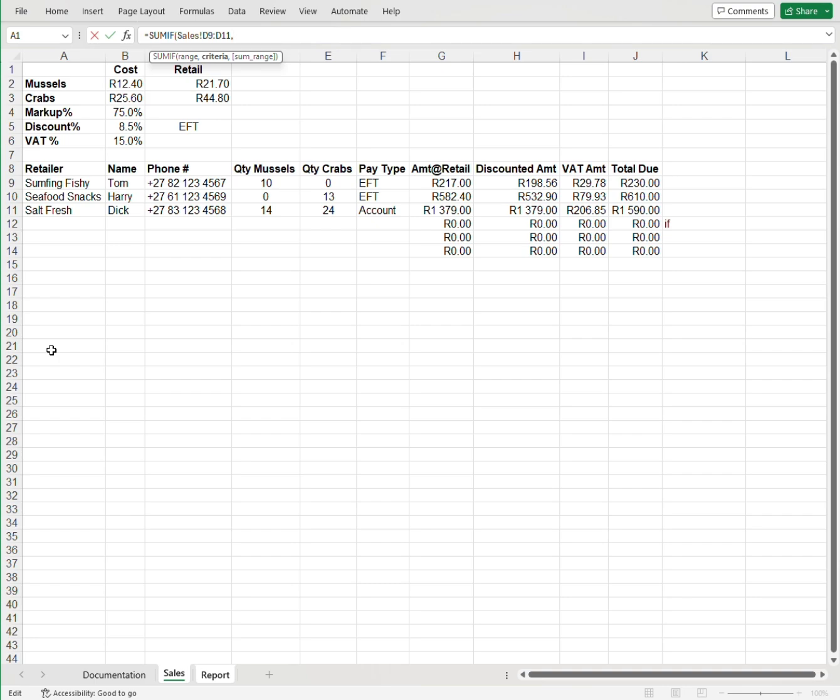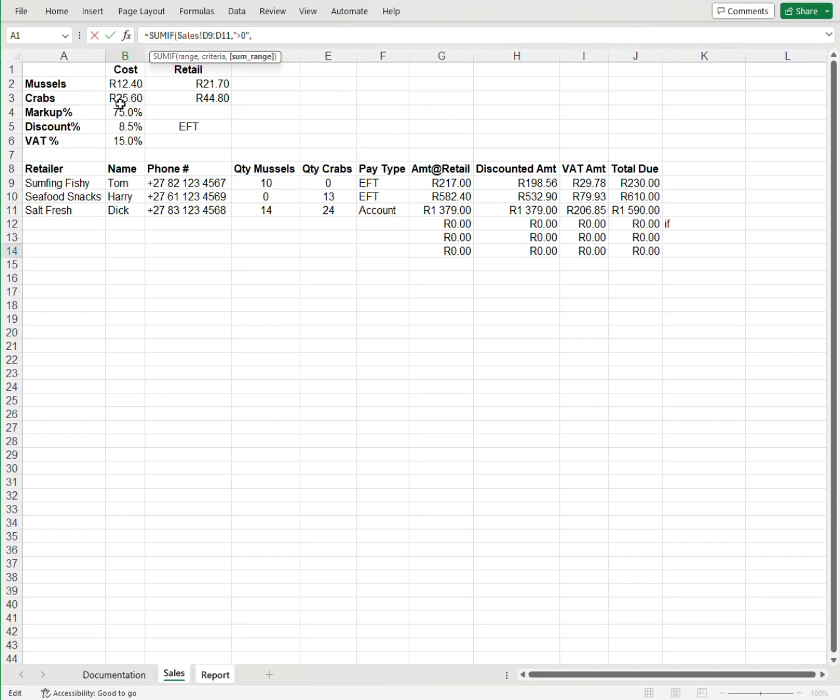Then I close the strings. So sum range, what am I looking for? What do I want Excel to sum at the end? The total due, which is the sale amounts for the customers, for this person and this person. So I select this, then I get my answer.